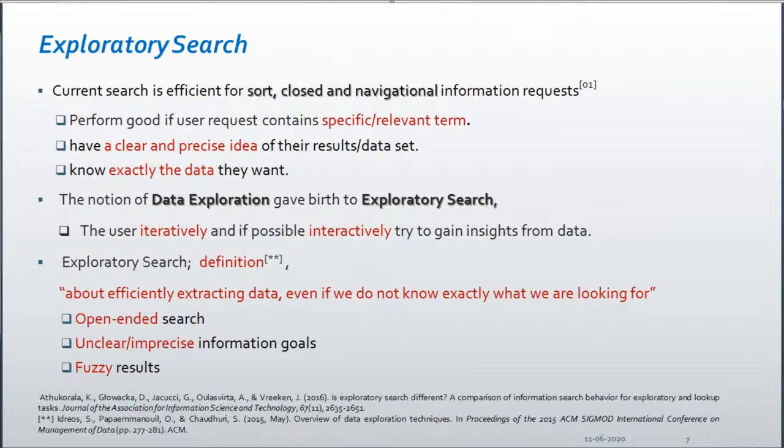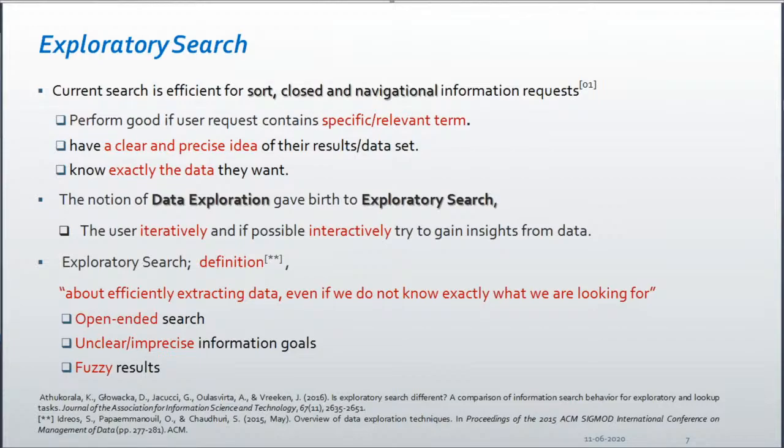Here I'm basically drawing an orthogonal view of three important dimensions. The first dimension is the one we are familiar with: awareness of meta knowledge, awareness of the domain of your information need.